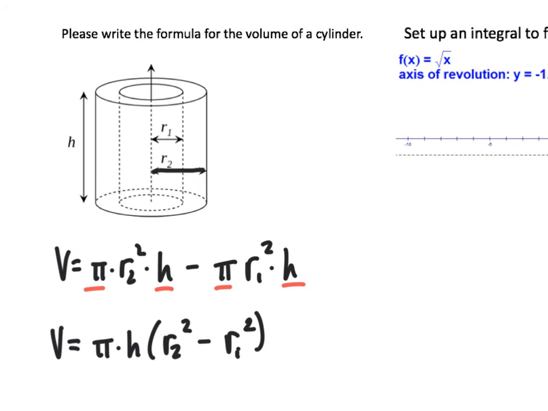Now, because we're multiplying all of these things together, we can rearrange this. And so I want to write my volume as pi times r sub 2 squared minus r sub 1 squared times the height, okay? Doesn't really matter what you do. I'm just doing this because this is going to help us set up our integral.